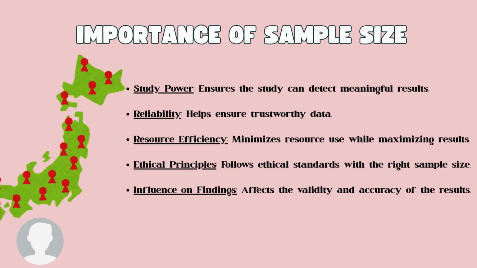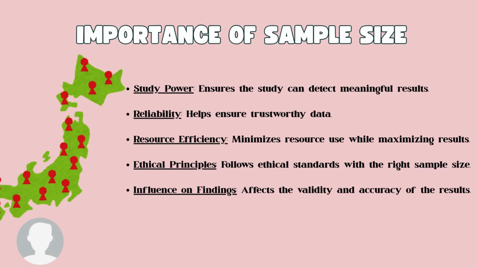Reliability. This ensures the data is consistent and trustworthy, allowing for accurate and reproducible results. Resource efficiency. This helps maximize results while minimizing the use of time, money, and effort, ensuring an optimal study design. Ethical principles.